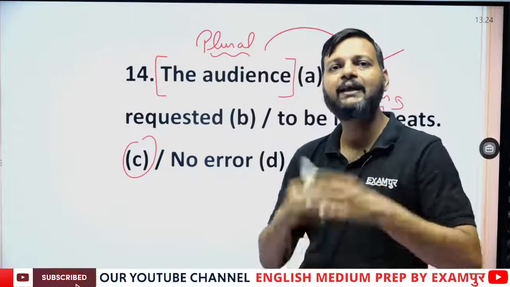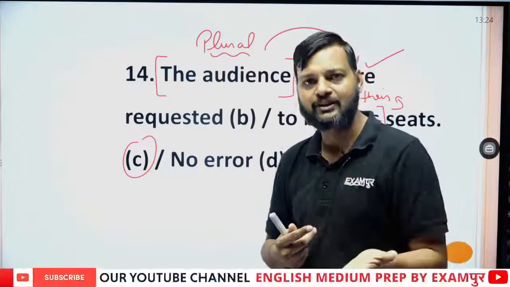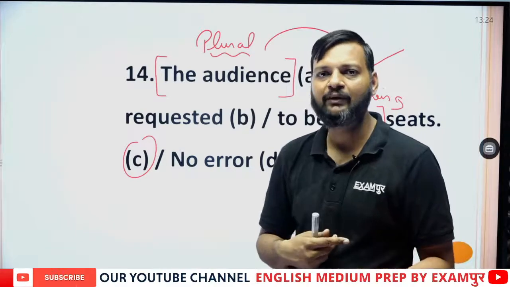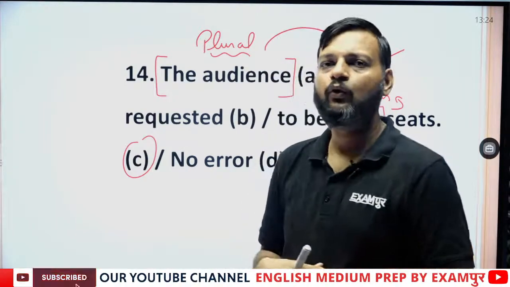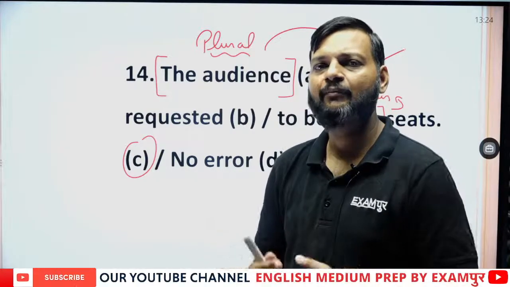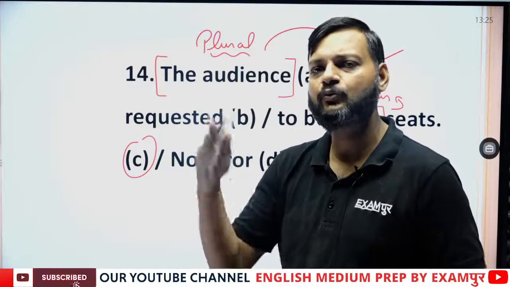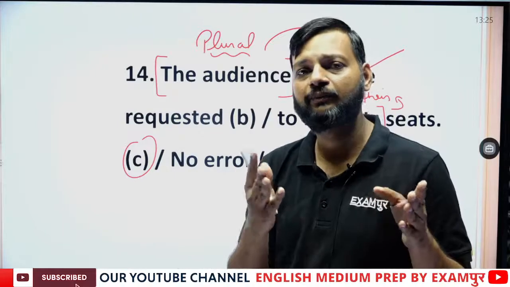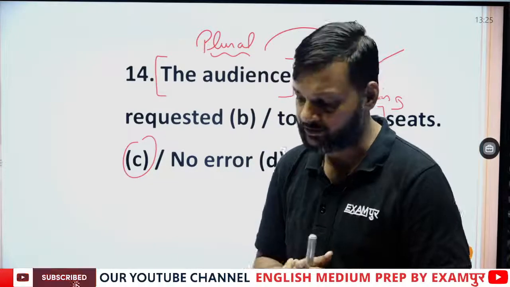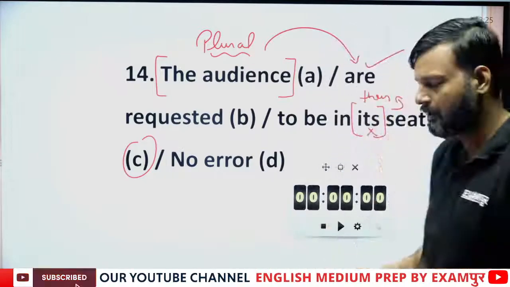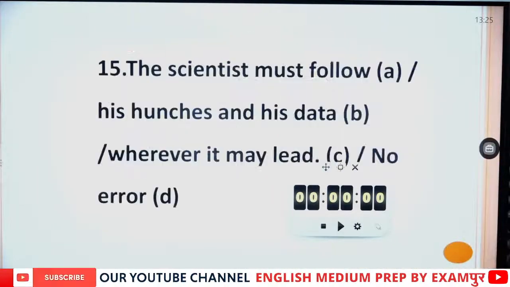Audience means many people who are listening or watching something. For example, when we go to a seminar, there are many people listening to an orator. The people listening to the orator are called the audience. Okay, now let's see the next question.